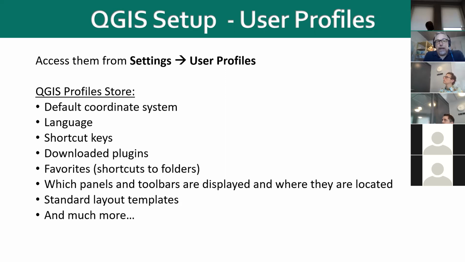It stores what plugins are installed, which favorites or shortcuts to folders are set up, and which panels and toolbars are turned on and where they're located. So it sets up the whole interface to QGIS for different purposes. People will use profiles for different projects sometimes. You might have one for cartography and one for analysis.